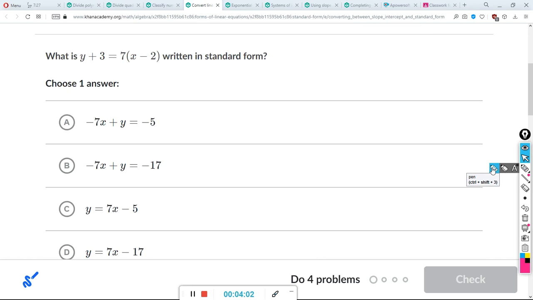Alright, standard form. I can tell already it's not C because x is on the right. It's not D, same thing. So it's going to be either A or B. Alright. So I'm going to rewrite y plus 3.